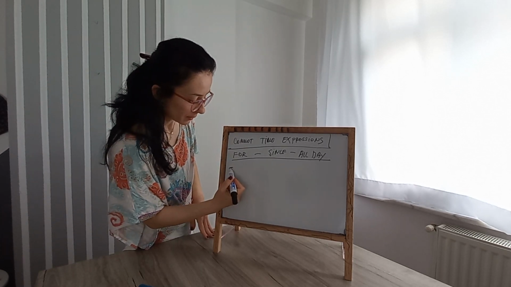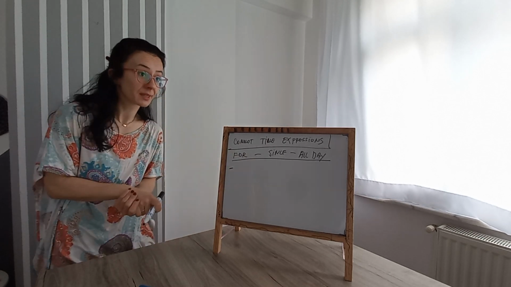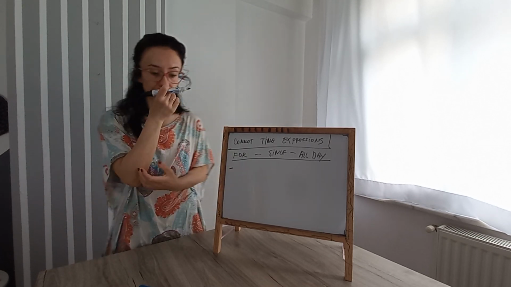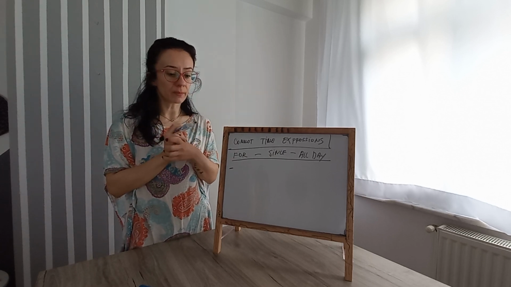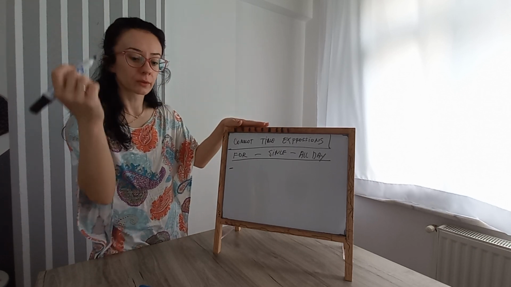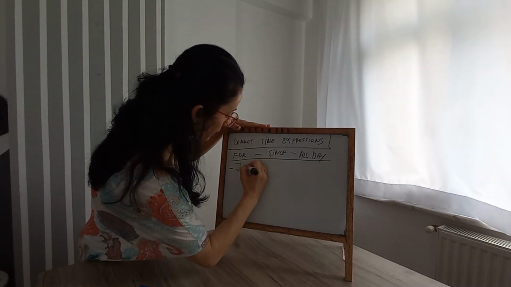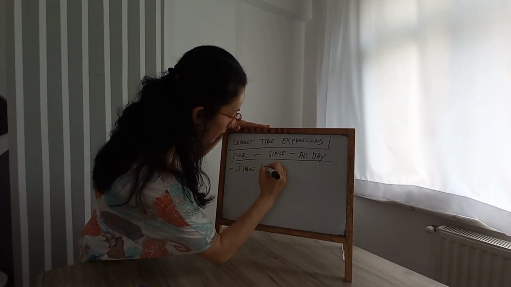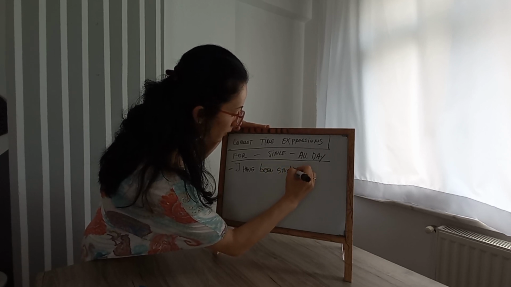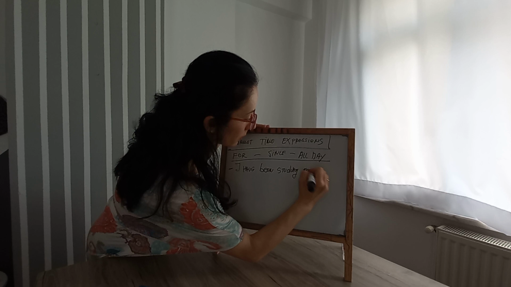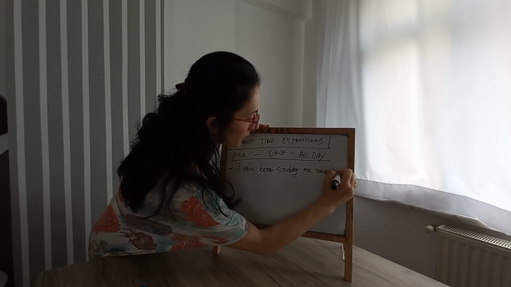Can someone give me an example using for and using present perfect continuous? Okay, Jim, I have been studying for how many? For 3 hours. I have been studying for 3 hours.